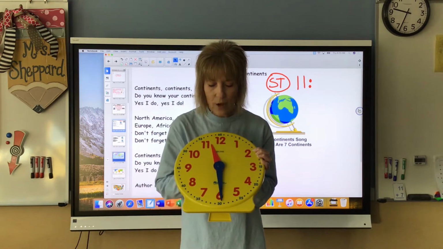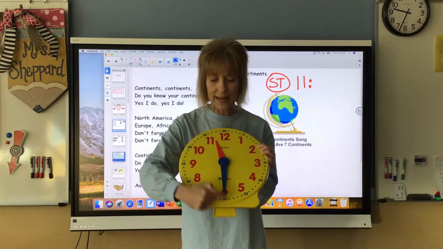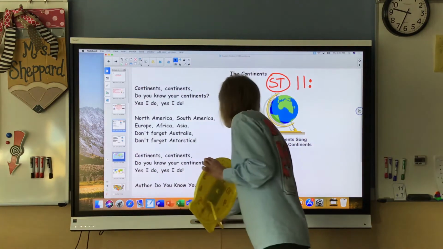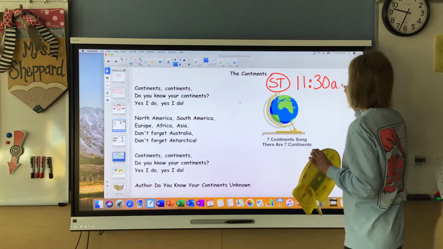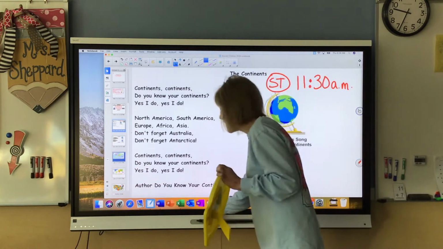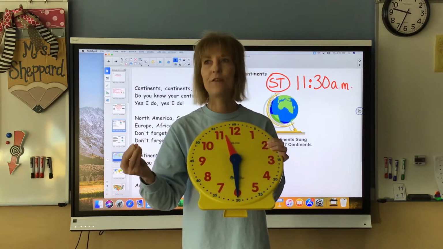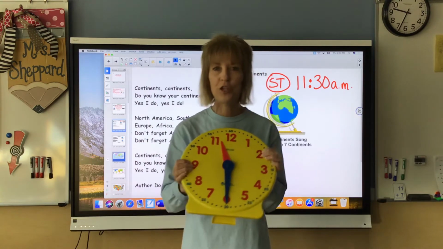And I can tell that my time, if my longhand is on the 6, my minutes are going to be 30. So my time on the clock as we start is 11:30 a.m., which in class would typically be our Fantastic Five or our math groups finishing up after lunchtime.